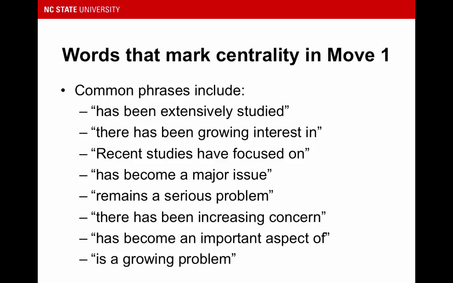I bet you've heard some of the phrases, such and such topic has been extensively studied, or that there has been growing interest in a particular topic in your field, or that something has become a major issue or remains a serious problem, and so on and so forth, as you can see from these phrases on the slide. These are common phrases that are used by other authors, and you can use them too. These are phrases you'll likely see at the very beginning of the introduction as a part of Move 1, indicating centrality. These phrases help to prove that your topic is important for readers to know about.